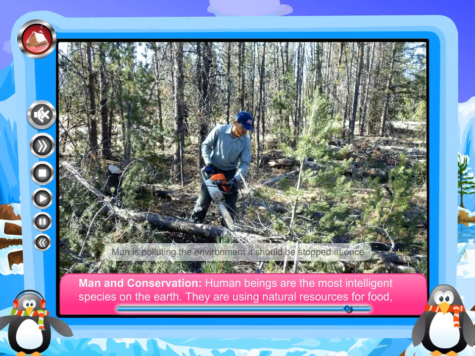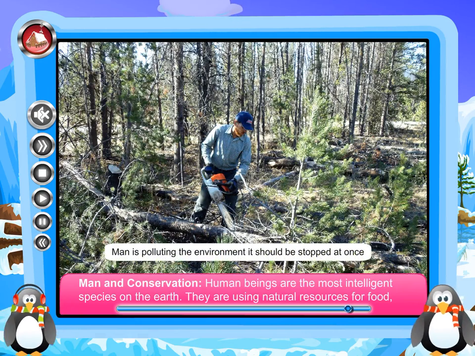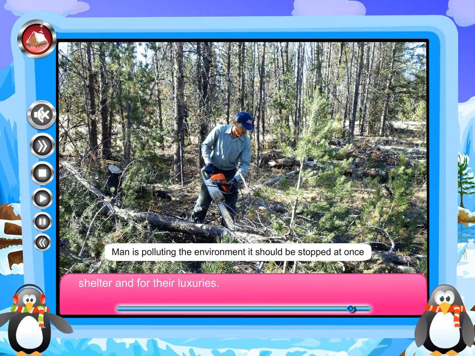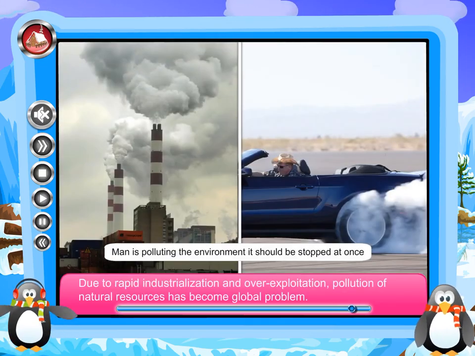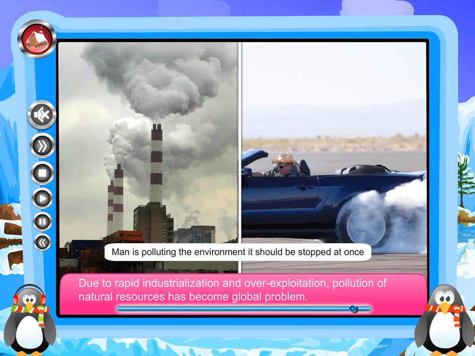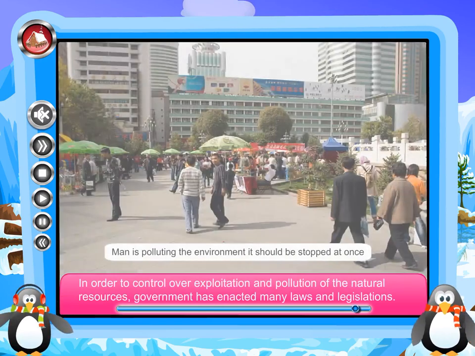Man and conservation. Human beings are the most intelligent species on the earth. They are using natural resources for food, shelter, and for their luxuries. Due to rapid industrialization and overexploitation, pollution of natural resources has become a global problem.